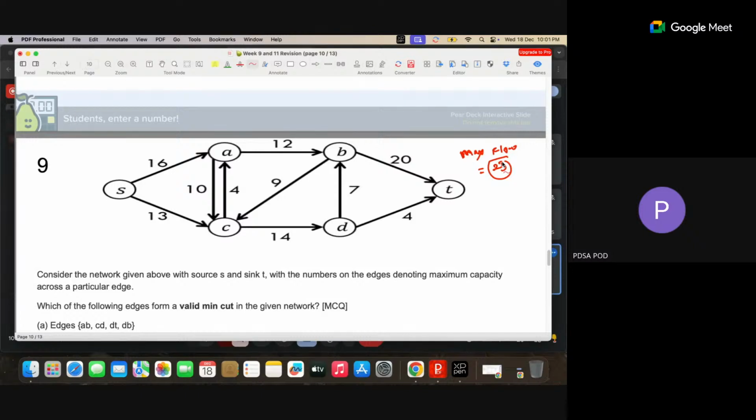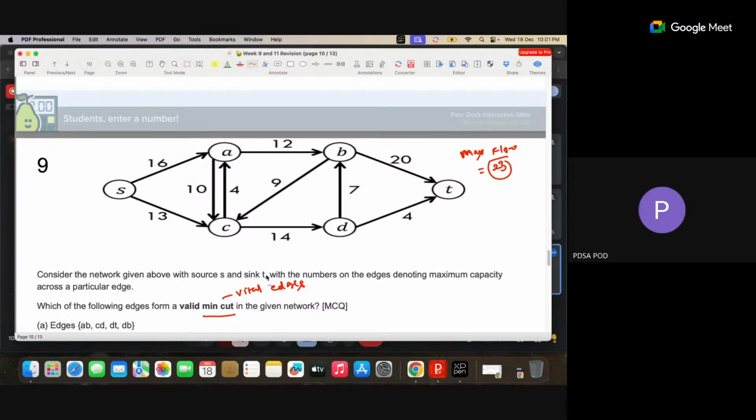Minimum cut means the vital edges: if you cut them, the entire flow can be stopped.